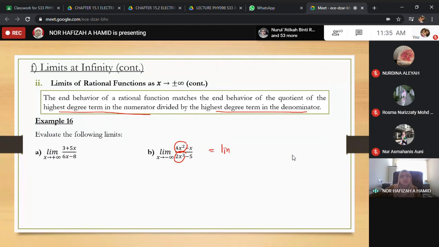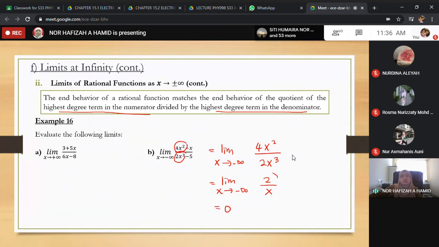So equal to limit, you have 4x squared over 2x cubed. Equal to limit x approach to negative infinity, so you simplify equal to 2 over x. So answer dia is 0.